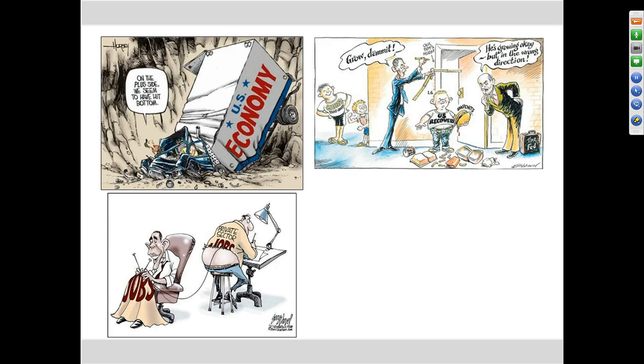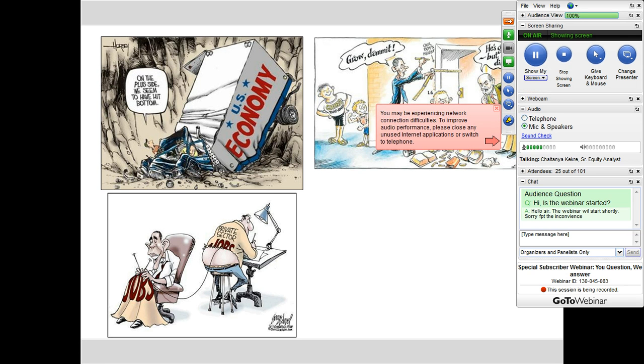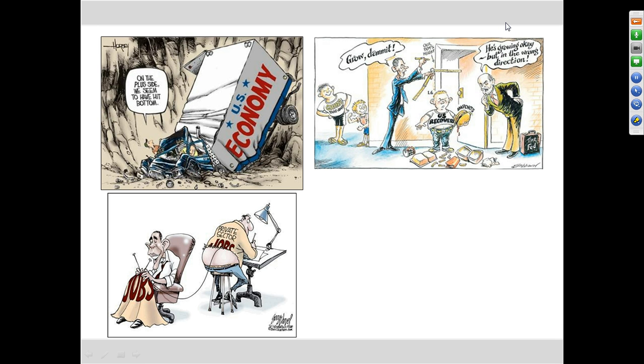So the key guidance that the Fed has been giving to the market till now has been inflation below 2% and unemployment below 6% as the key aspects that they would like to look at before they resort to normalizing monetary policy. Now we believe that has happened.